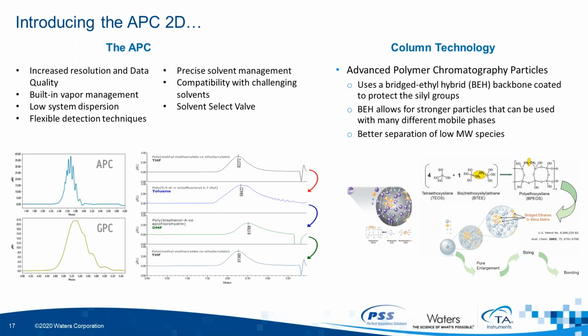First of all, in comprehensive 2D, we need very fast and high resolution GPC in the second dimension, as we want to analyze so many fractions and don't want to lose too much time or too much resolution in that. This reduction in analysis time is extremely beneficial when using the BEH columns.